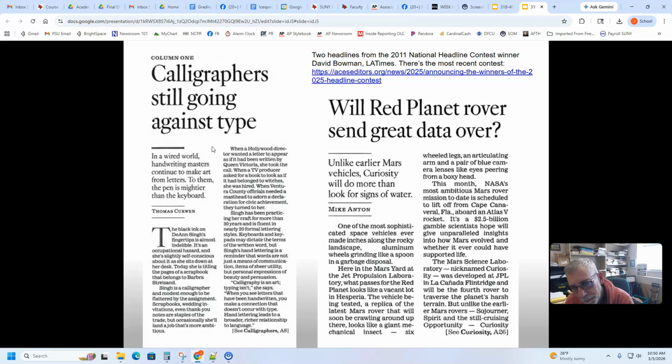But of course, type is something we write and type, as in print. Calligrapher, we draw letters. Will Red Planet rover send great data over? There's a game, Red Rover Come Over. I think that's what it's called. Children's game. So they combine those things. Red Planet, Red Rover. Yeah, okay.